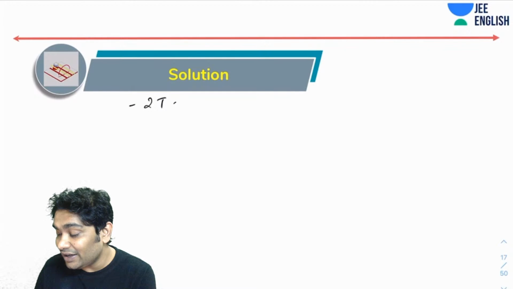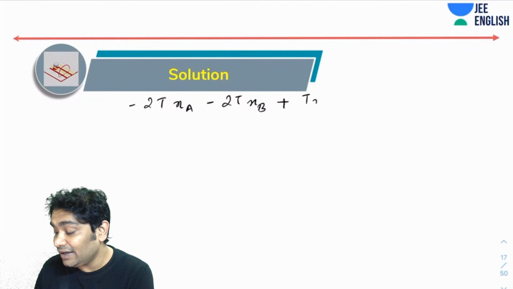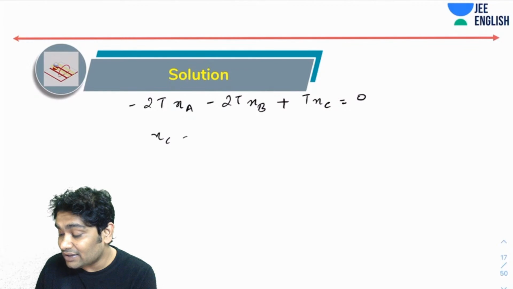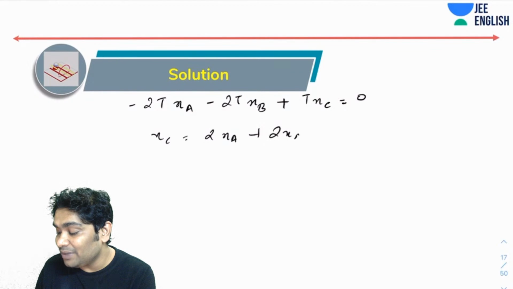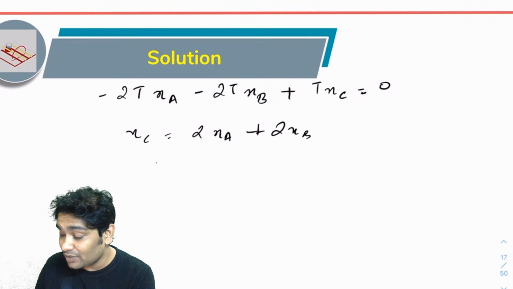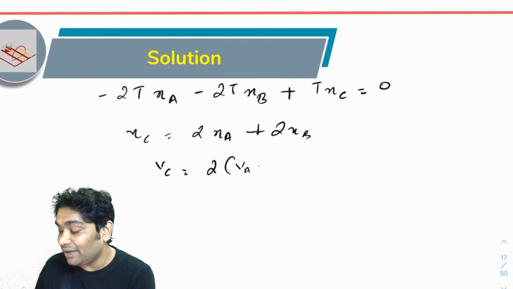So minus 2T xA minus 2T xB plus T xC would be 0, which tells you that xC would be equal to 2xA plus 2xB. Now if you differentiate this, you will get the relation between the velocities. So vC would be 2 times (vA plus vB). That gives me the answer as 14 meters per second.